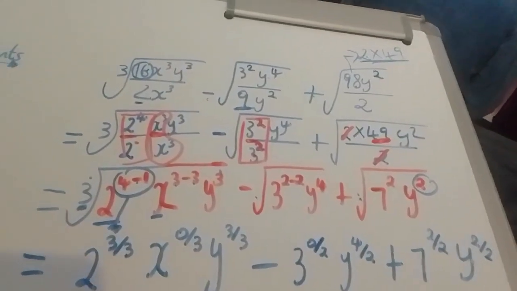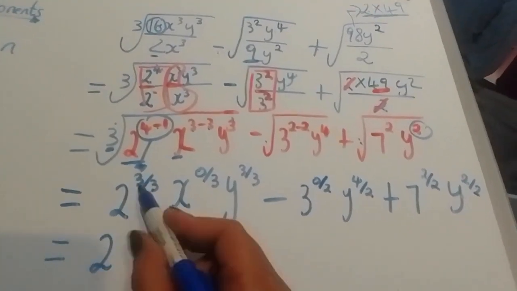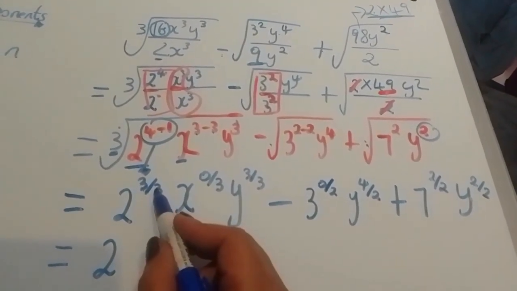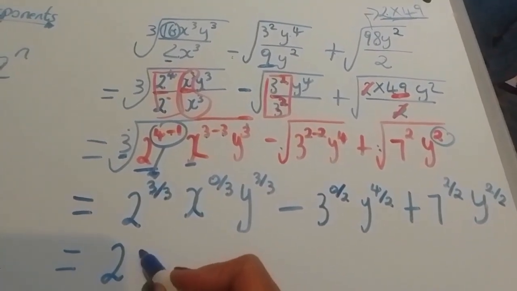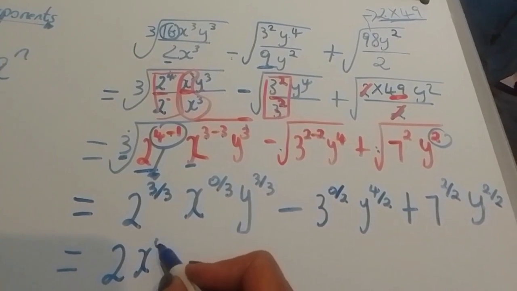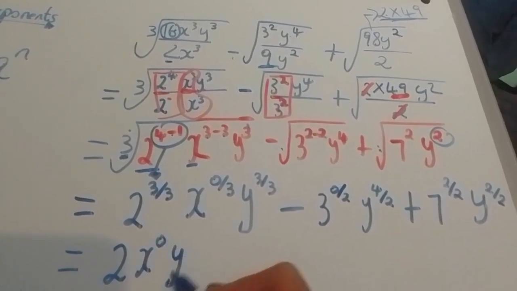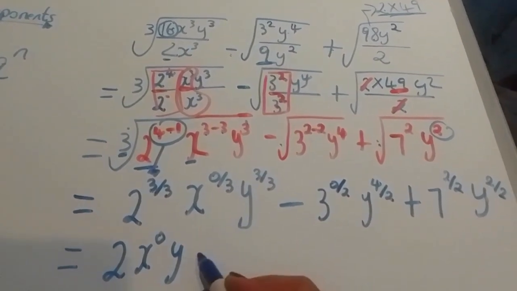Now simplification. We have 2 to the power of 3 over 3, that's a 1. We don't have to write it down. Then we have x to the power of 0 divided by 3, it's 0. y to the power of 3 divided by 3 is a 1, we don't have to write it down.